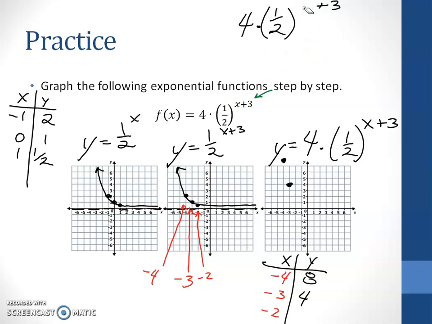So I'm going to plug in a negative 2 plus 3. That's going to give me a positive 1. So 4 times 1/2 to the first power. Anything to the first power is just 1/2. And 4 times 1/2, or half of 4, would be 2. So negative 2, 2 is also a point.